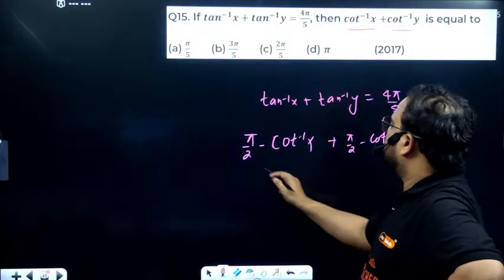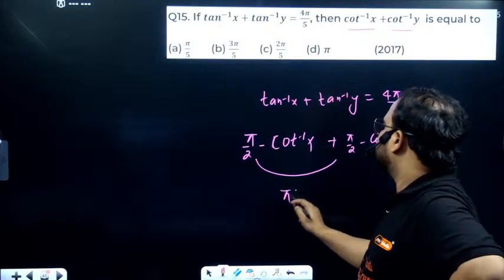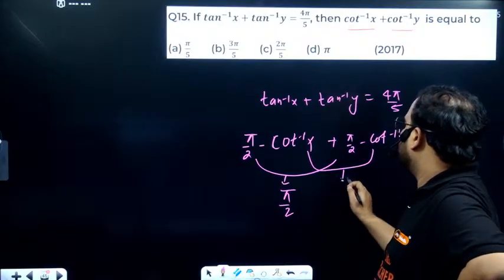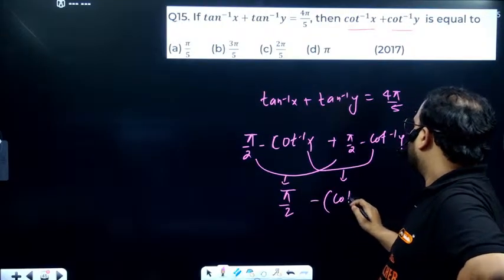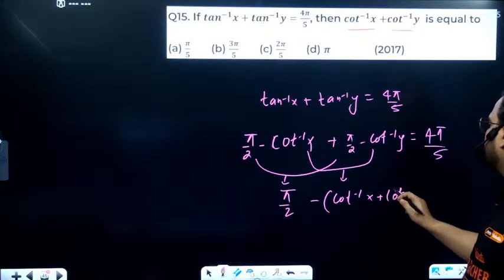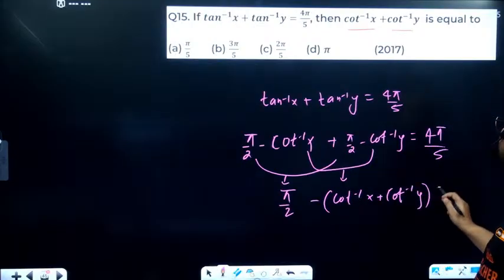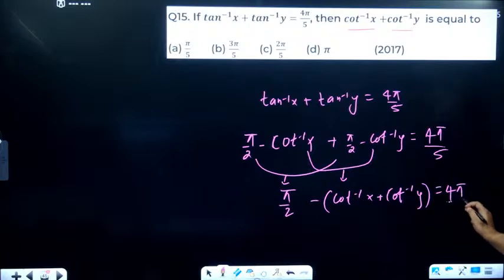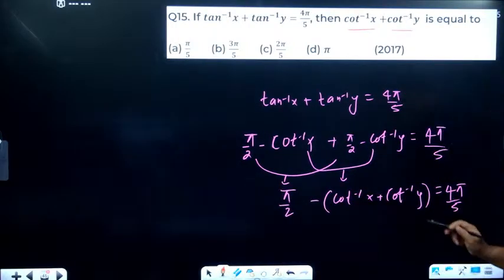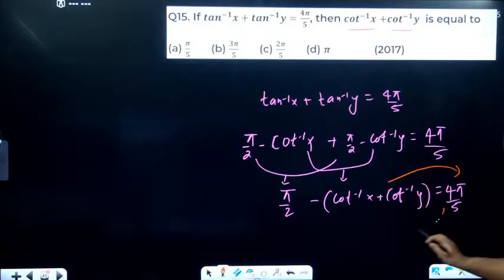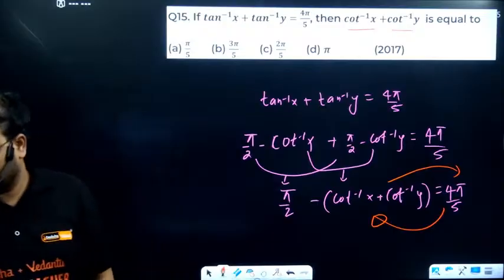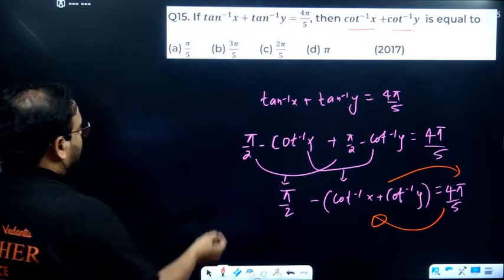Add the pi by 2 plus pi by 2, you get the value as pi, and if you take the minus common, cot inverse of x plus cot inverse of y equals 4 pi by 5. Bring this bracket over here, and this value over here, right? Correct?